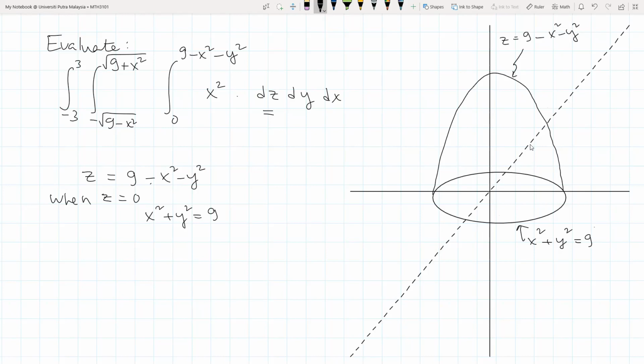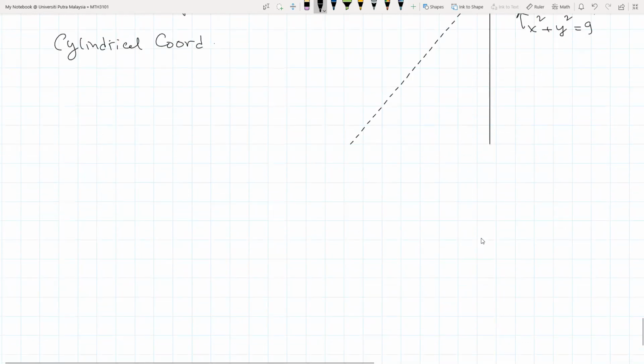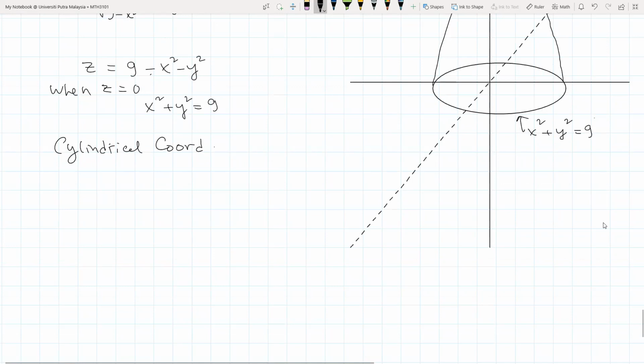All right. So what's the easiest way to do this? I think, why don't we use cylindrical coordinates? So this corresponds to the polar coordinates. Okay, so how can I change the variable?